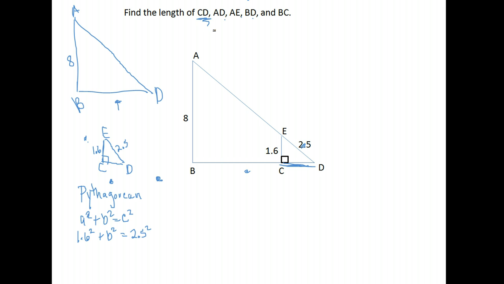So go ahead and square the 1.6 and the 2.5. 1.6 squared is 1.6 times 1.6, and we get 2.56, plus b squared equals 2.5 times 2.5, or 6.25.